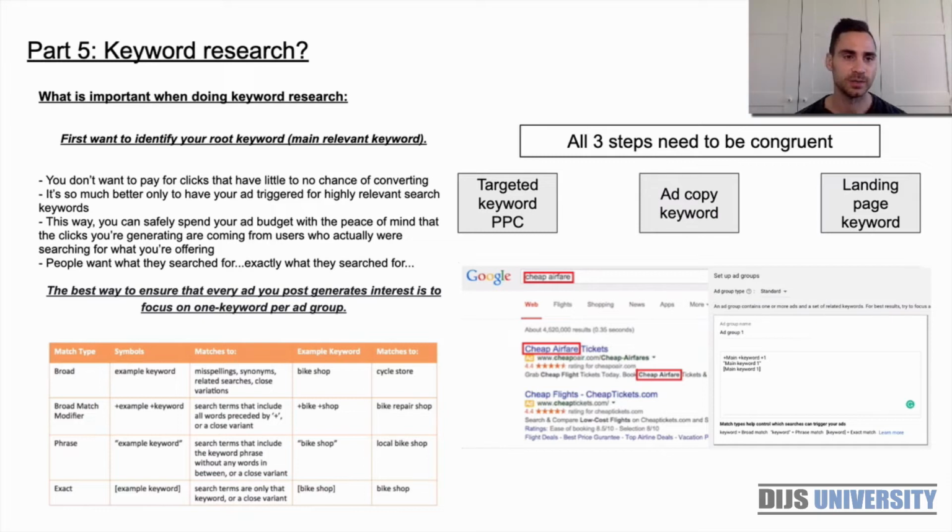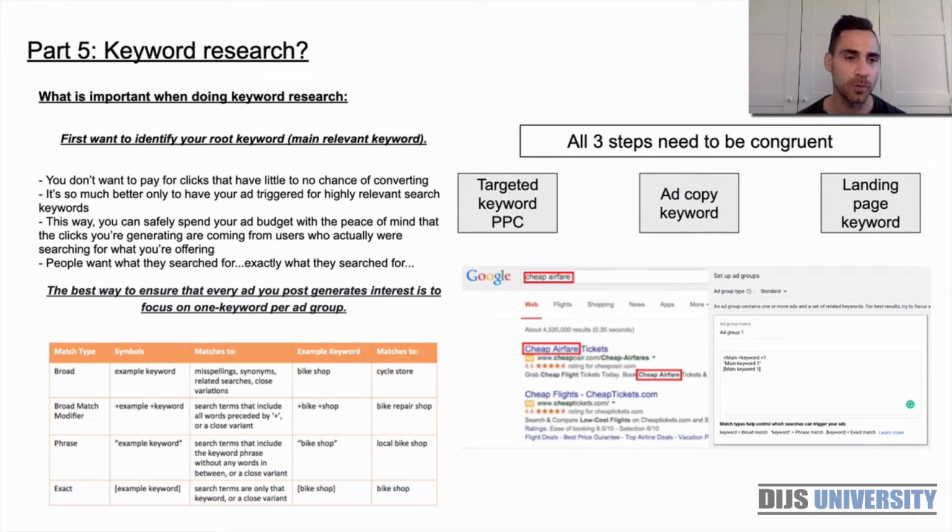Here you can see below on this screenshot: broad match modifier, phrase, and exact match type. Exact is exactly what the keyword is. Phrase is a search term that includes the keyword phrase without any words in between, or a close variation. You can see the example: bike shop is the keyword, and a match is local bike shop, so it's another word attached to the main keyword.